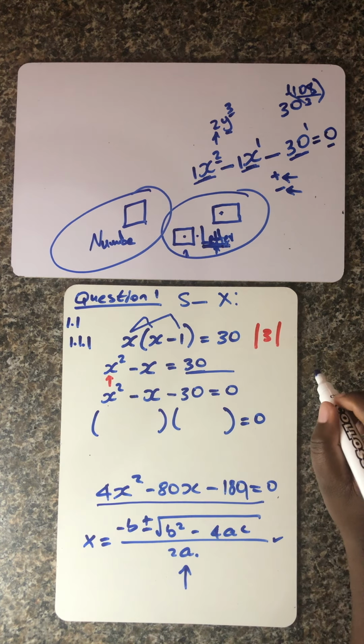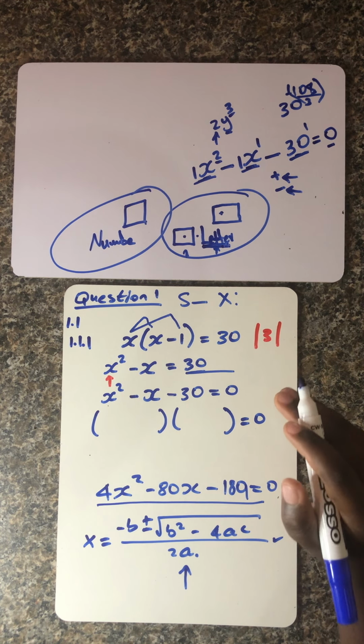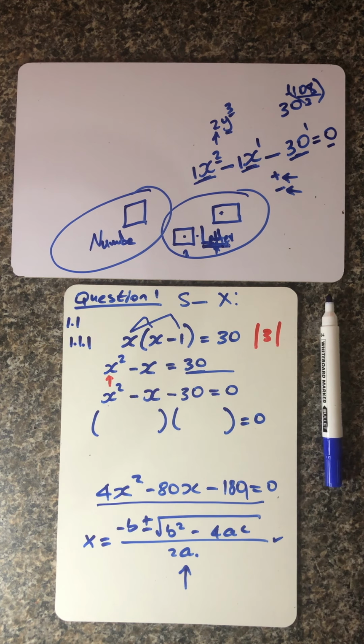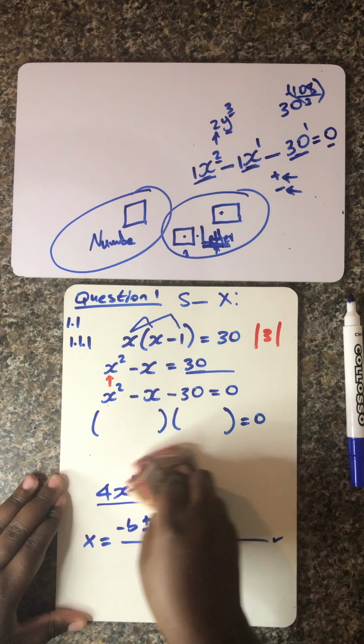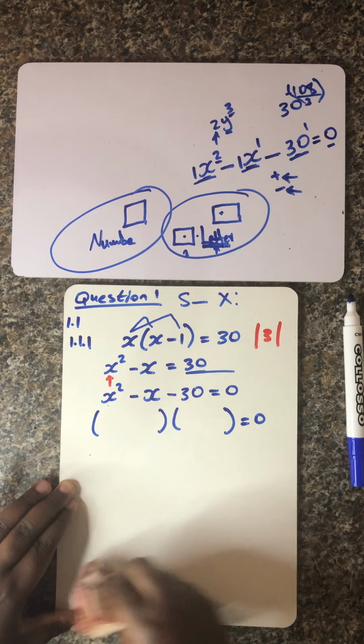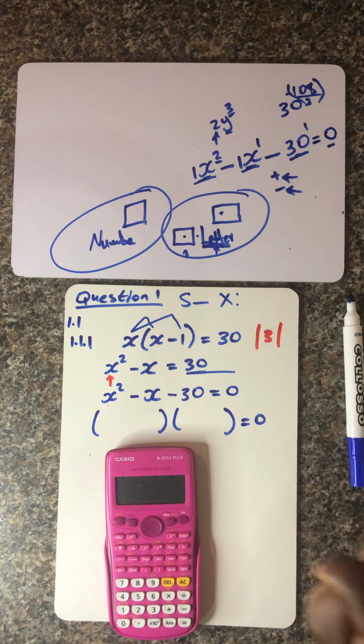Okay guys, I'm going to teach you something very, very important. Please do make sure that you pay full attention to this. From this point I'll just pretend I'm in an exam and I'm having this question. Obviously you understood up to this stage.